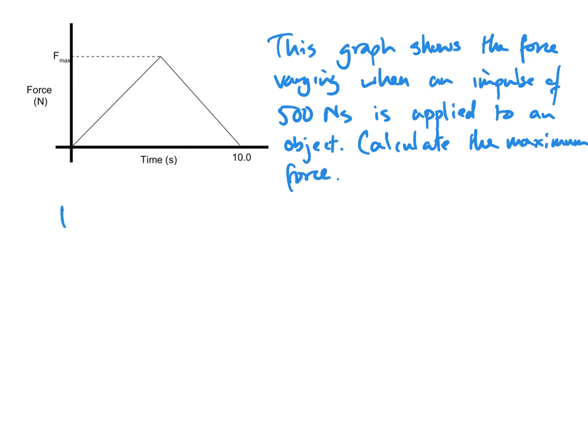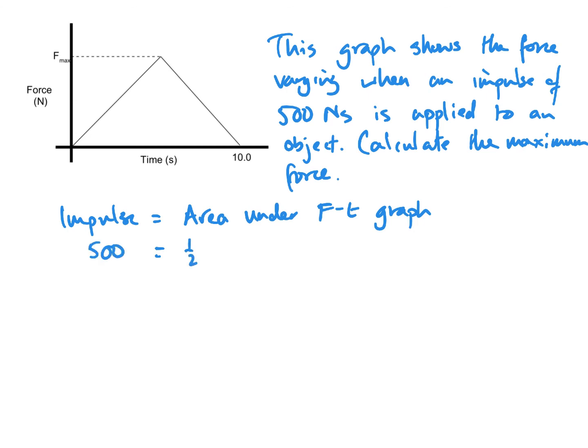So for this we're using the idea that impulse equals area under the F-t graph. We know that the impulse is 500. The area under the F-t graph is a triangle.